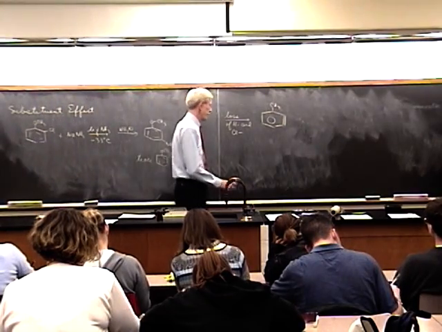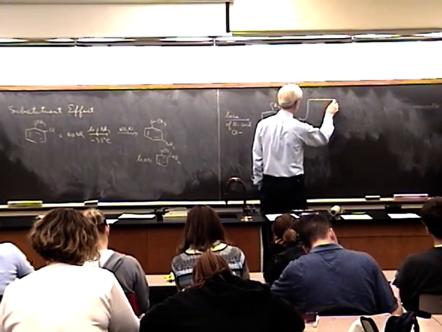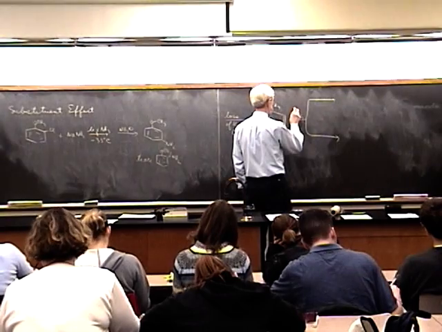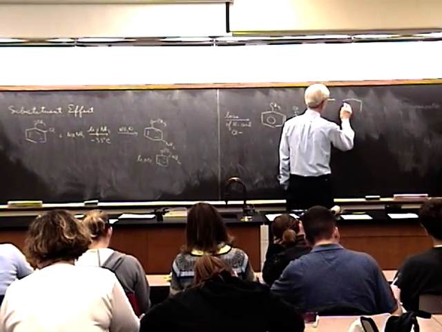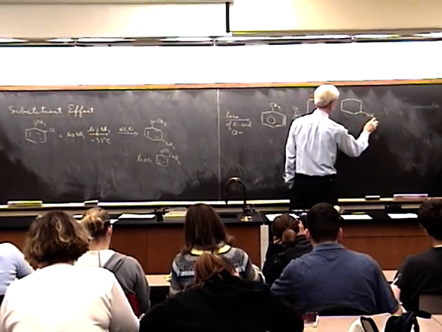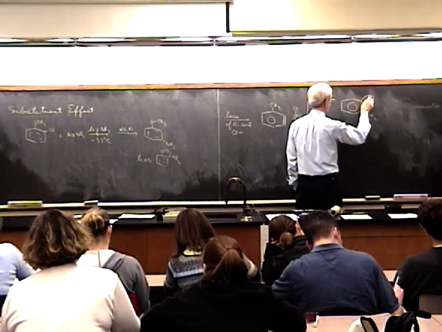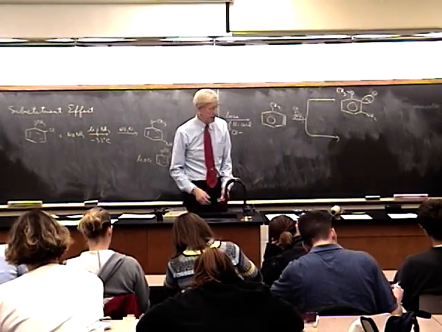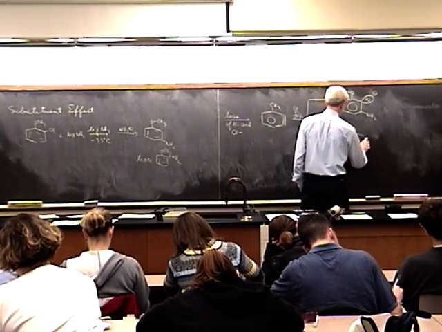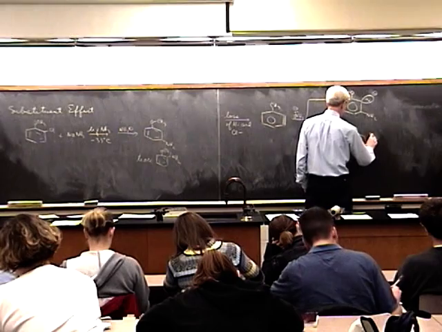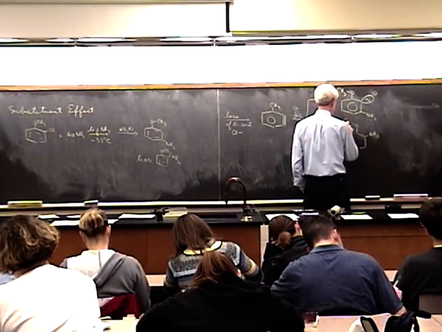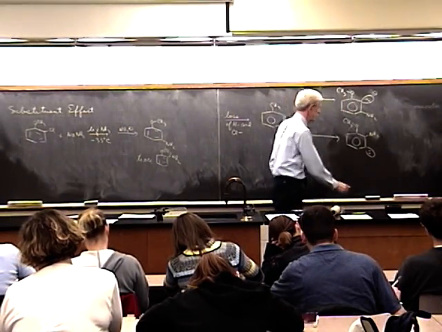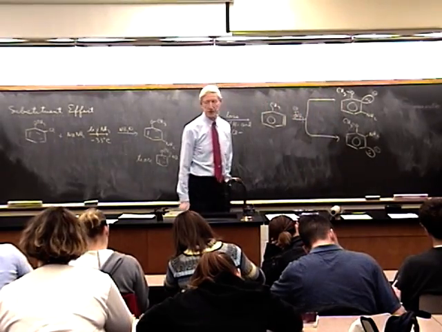But now, when this reacts with the amide anion, NH2 minus, these would be the two intermediates, wouldn't they?